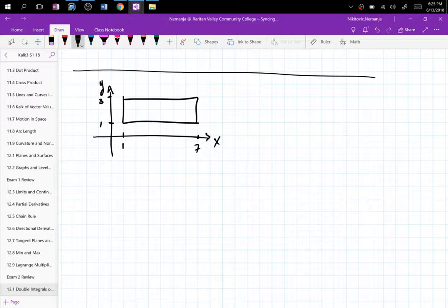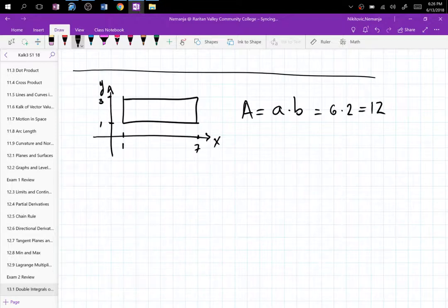So if I have a rectangular region, now what I can do is I can calculate the area of that region by using the A times B formula, and that would be simply 6 times 2, and we will get 12.